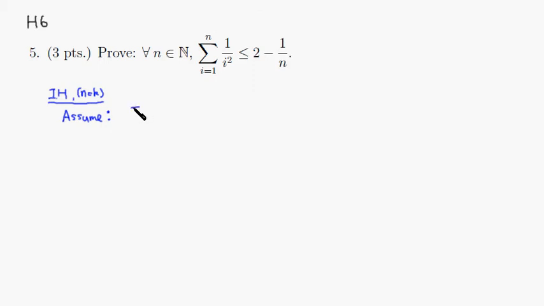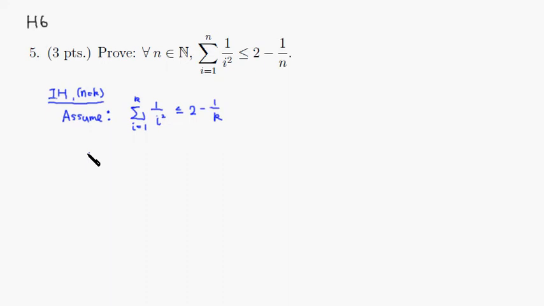So the summation from 1 to k of 1 over i squared is less than or equal to 2 minus 1 over k.